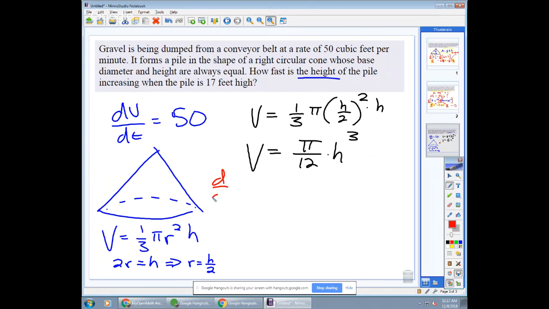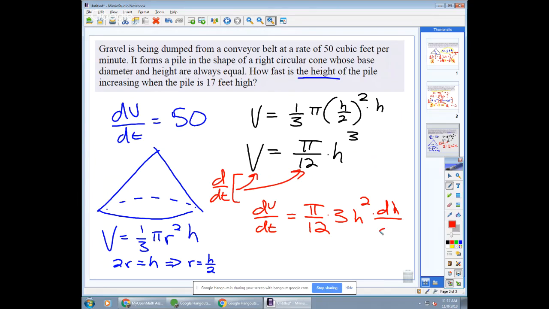So the derivative with respect to time of this side and that side gives me dV/dt equals pi over 12, just getting carried along because it's a multiple. 3 comes down, now I have h squared, and then chain rule says don't forget your dh/dt. And the given information is dV/dt as 50.